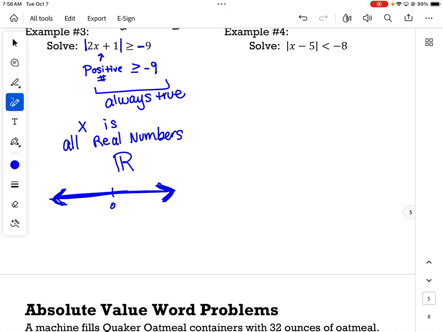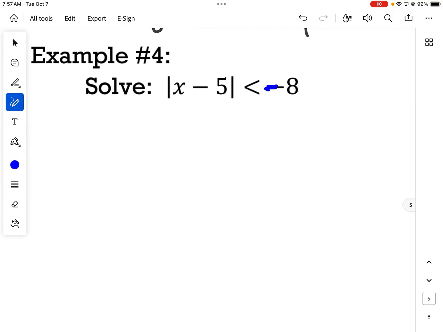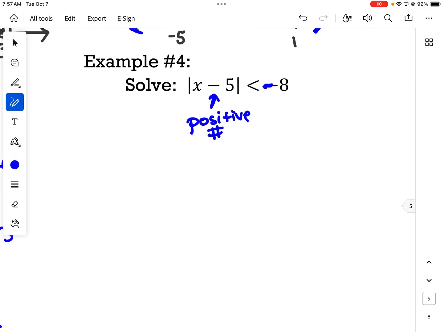Okay, example 4, our last one. So before we start doing anything, see how this says negative 8? We've got to see if this is always true or never true. Okay, the absolute value of x minus 5, this is always going to be positive, right? So this is a positive number. Is a positive number going to be less than negative 8 ever?